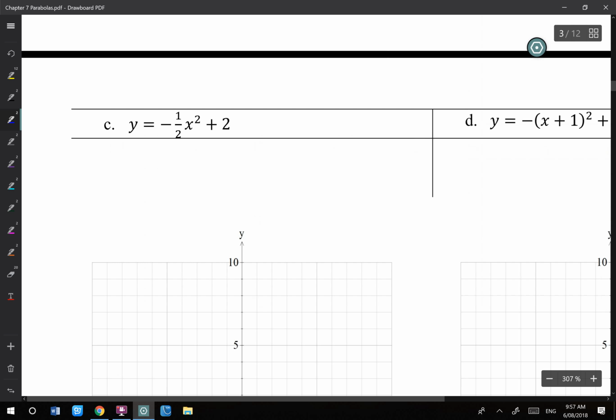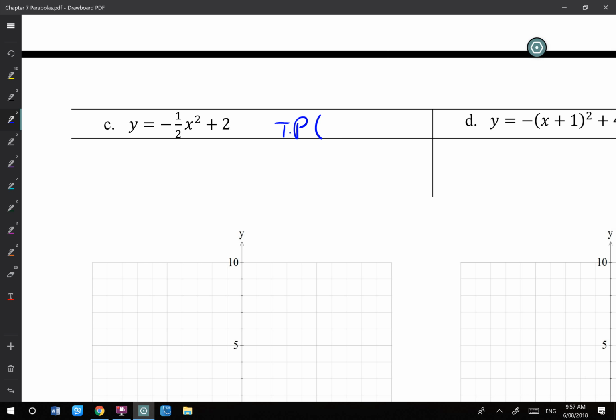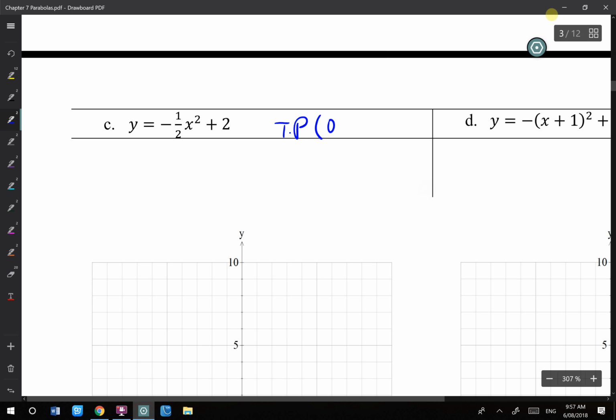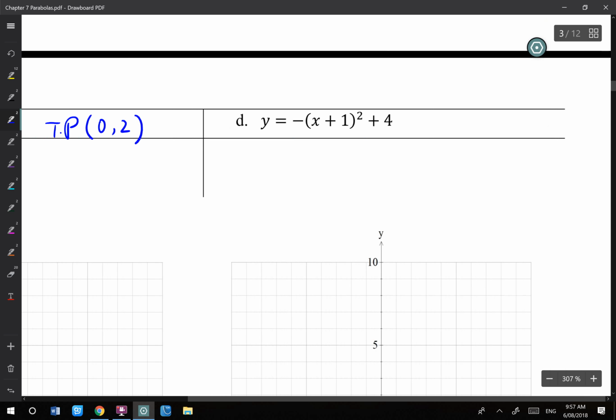And C, what's the turning point for C? 0, 2. Good. How about the last one? Negative 1, 4. Good. So we have labeled all the turning points.